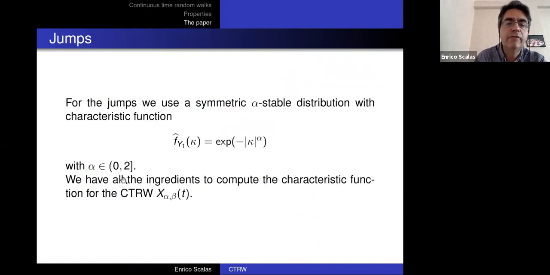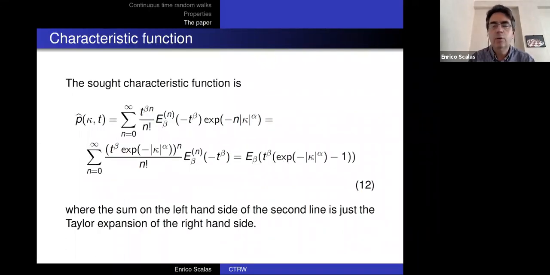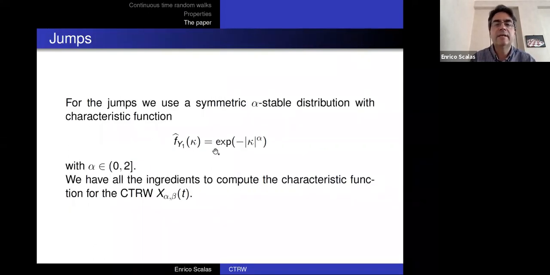So for alpha equal to 2, you have normal, and for other values of alpha, you have a symmetric alpha stable distribution. So now, putting these two ingredients together, we can write the characteristic function analytically for the continuous time random walks with waiting times that follow the Mittag-Leffler distribution and jumps that are distributed according to the alpha stable distribution. Again, this is very nice.